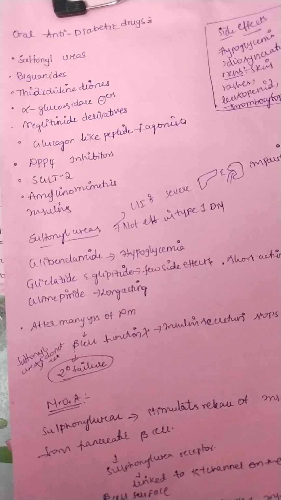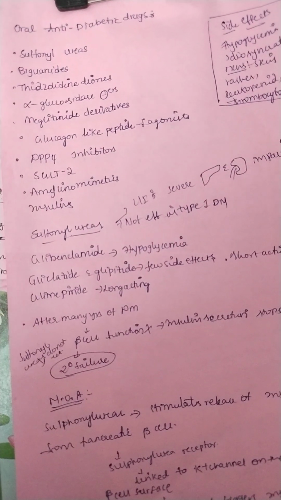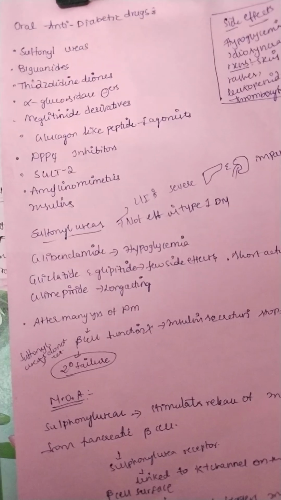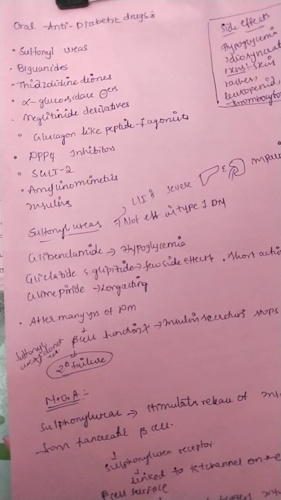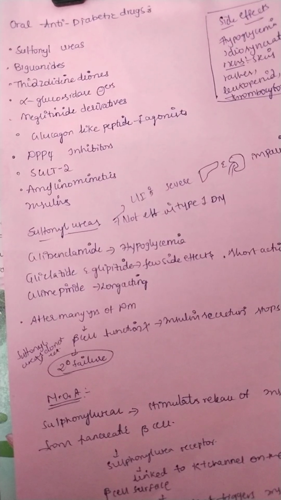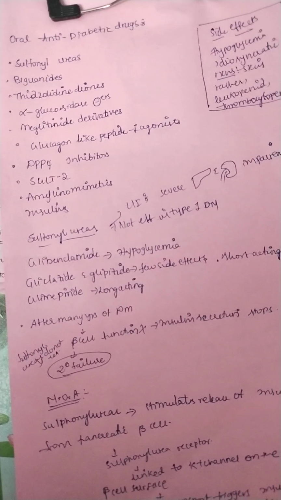So these things you should be knowing. These are the four different classes of drugs, which we had already learned in pharmacology. So now we will just brief about sulfonylureas in this short session.